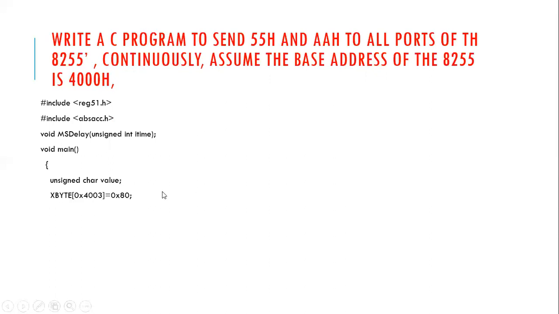Now here is the construct that I was telling you. XBYTE is the construct used in absacc.h. This helps us to access data externally, either through memory or through the 8255. Okay.